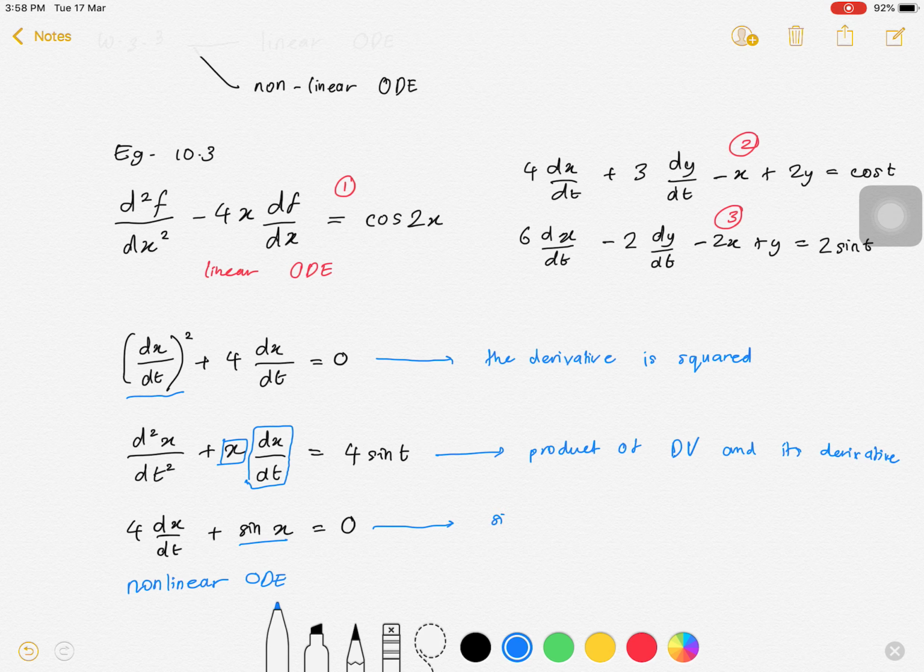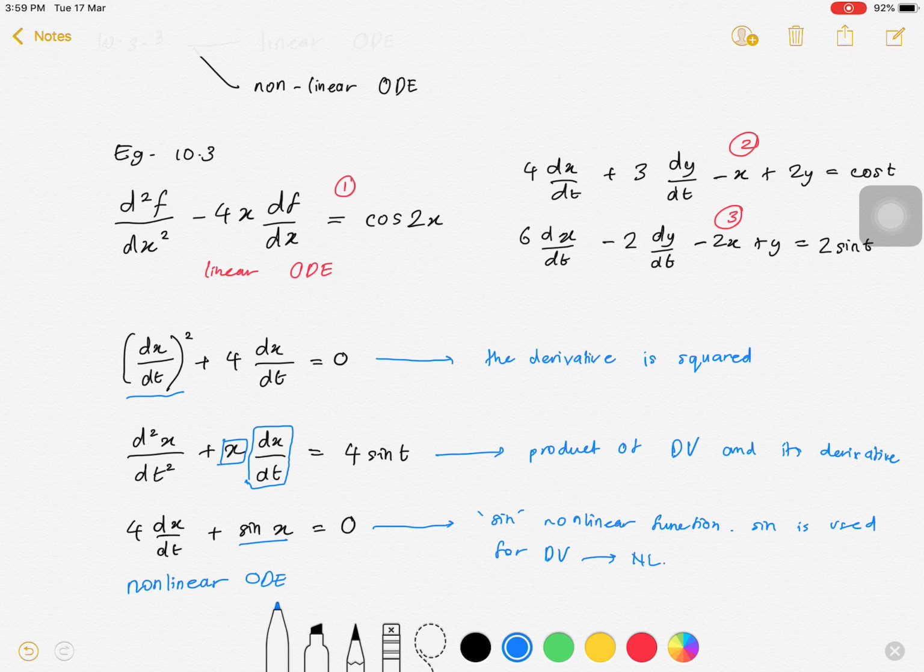Sine is a non-linear function, so when sine is used on the dependent variable, it becomes nonlinear.